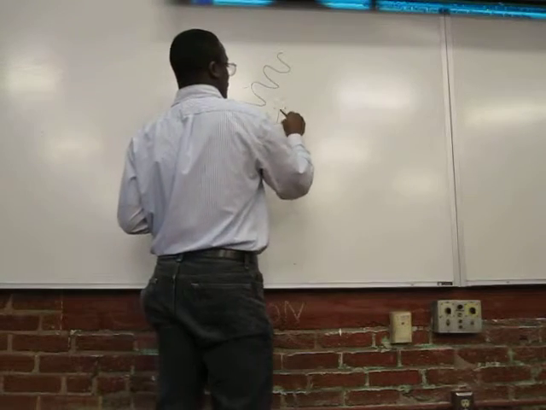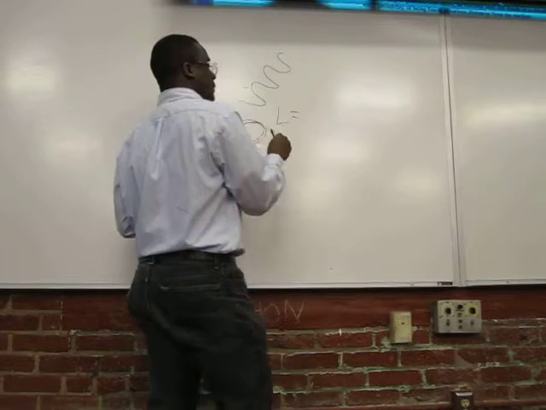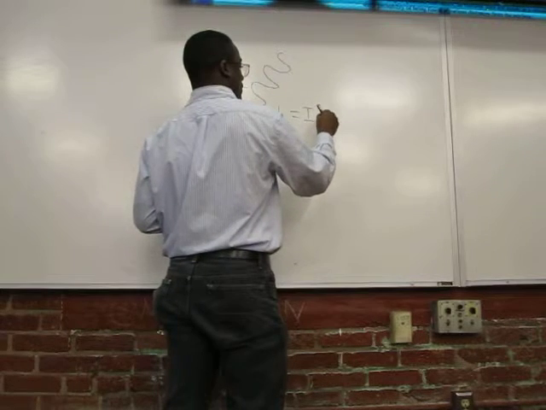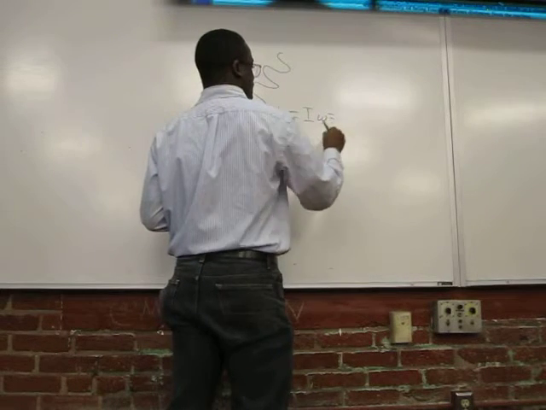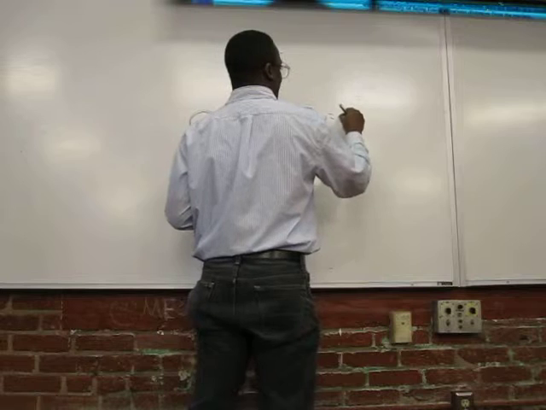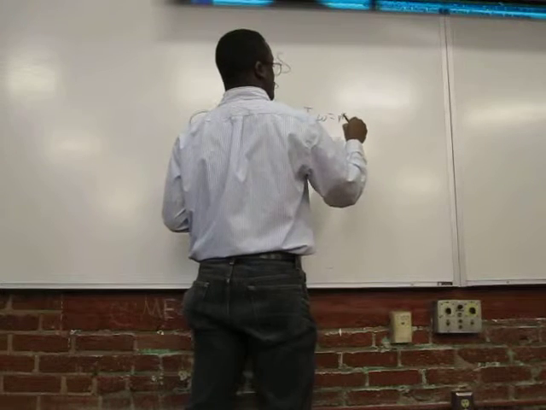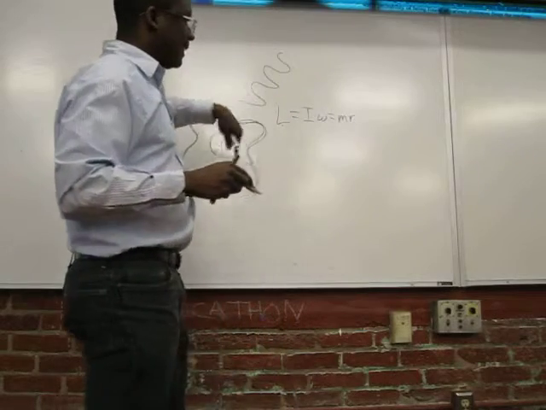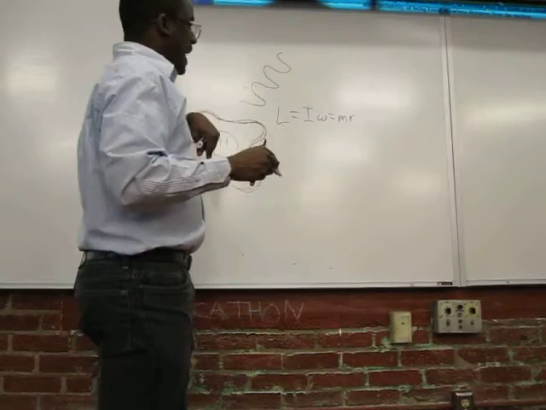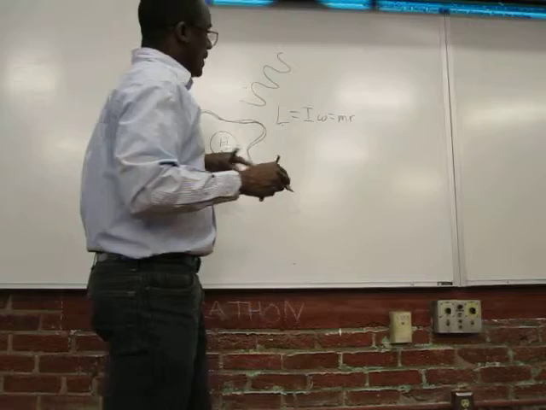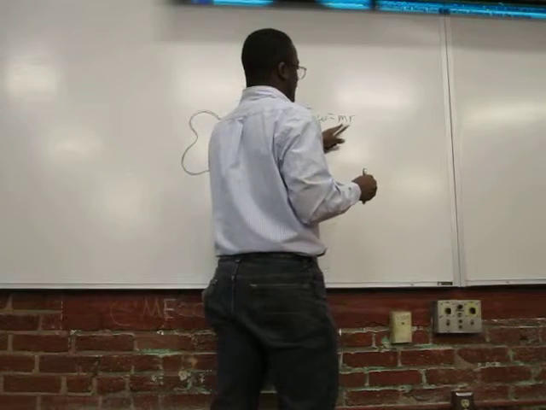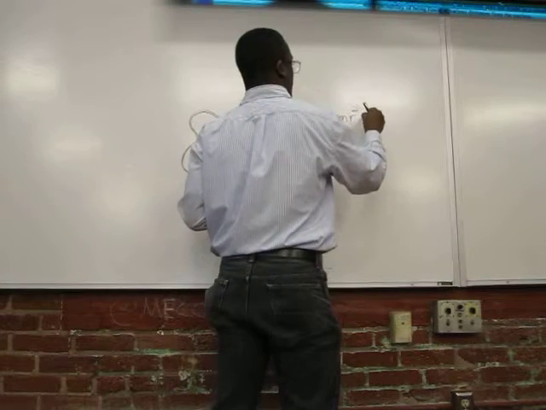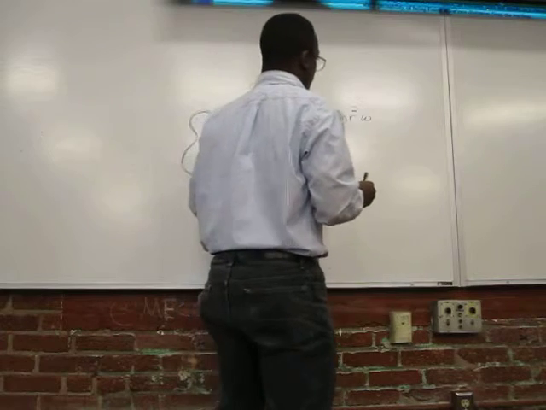You know that L, your angular momentum, is going to be I times omega, where I is your rotational inertia for a particle orbiting an axis at a radius r, having a mass m, so it's going to be m r squared times omega.